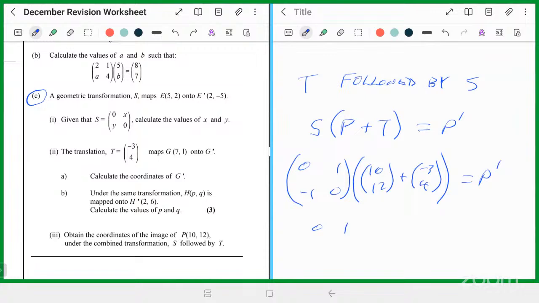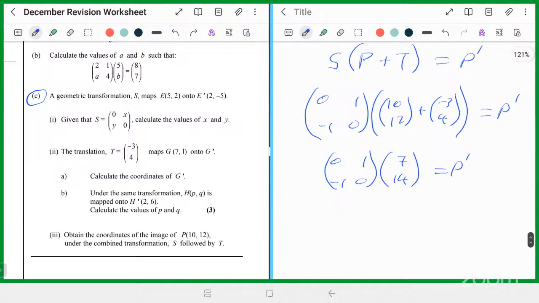So 0, 1, minus 1, 0. The S is now going to be applied to the 10 minus 3, which is 7, and the 12 plus 4, which is 14. That is the P prime. We're applying the S now by multiplying. So it will be 0 times the 7 is 0, 1 times the 14 is 14.